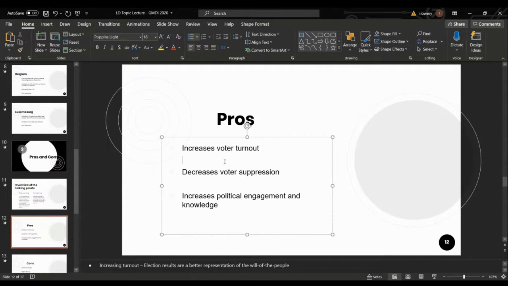There actually is some evidence in surveys that have been taken that show that compulsory voting leads to people becoming more informed about the political process, which is actually a direct counter argument that typically comes up on the con side of this debate.